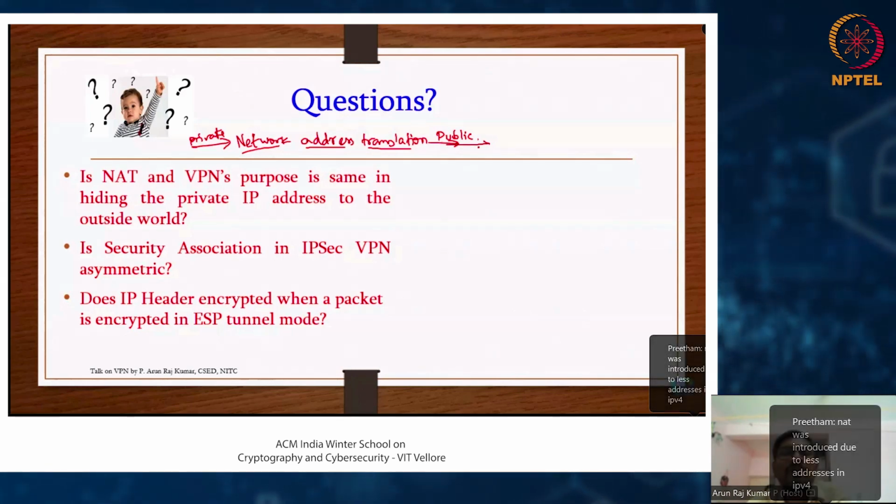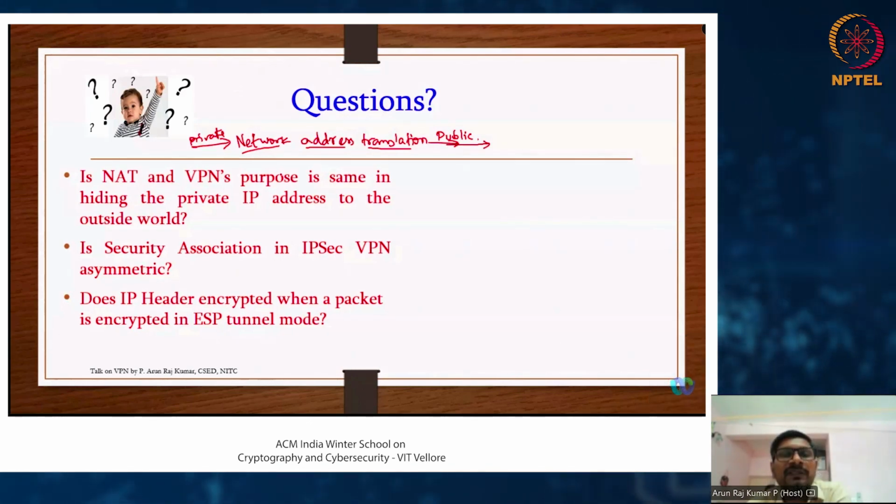So is NAT and VPN's purpose the same in hiding the private IP address from the outside world?